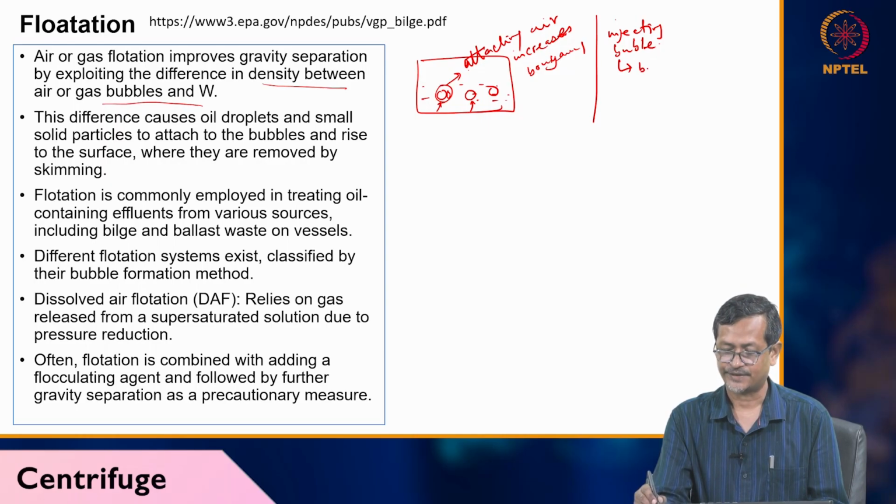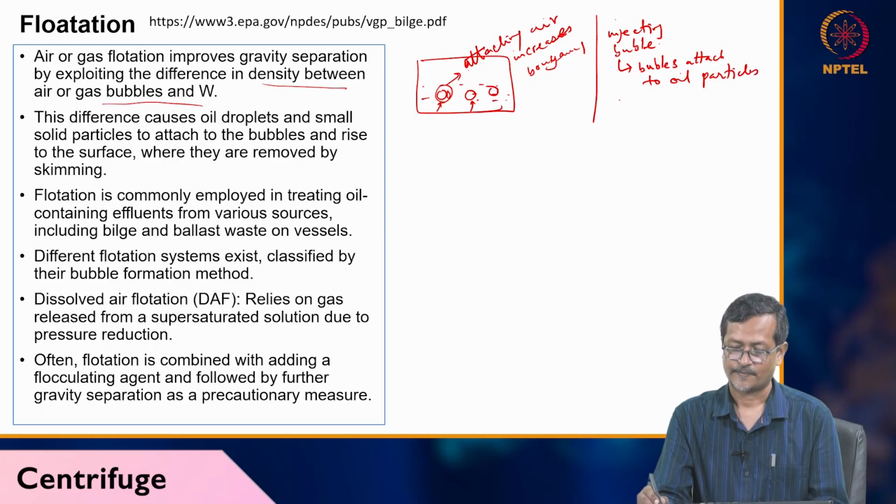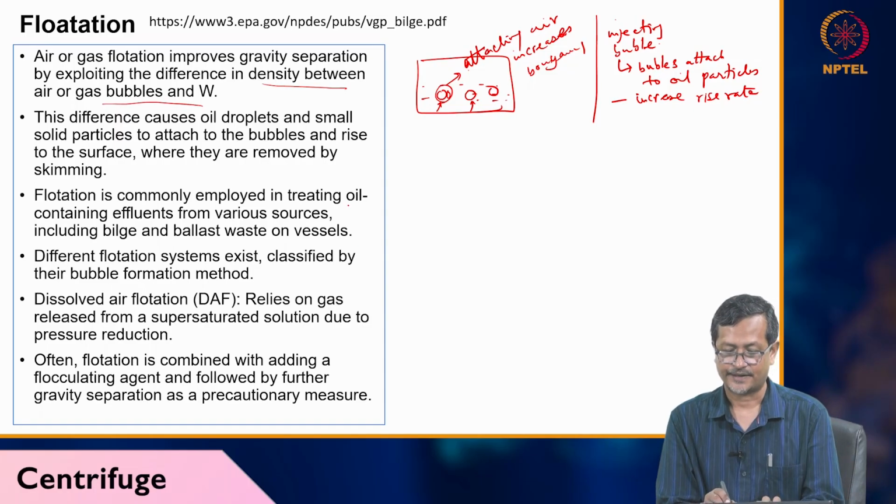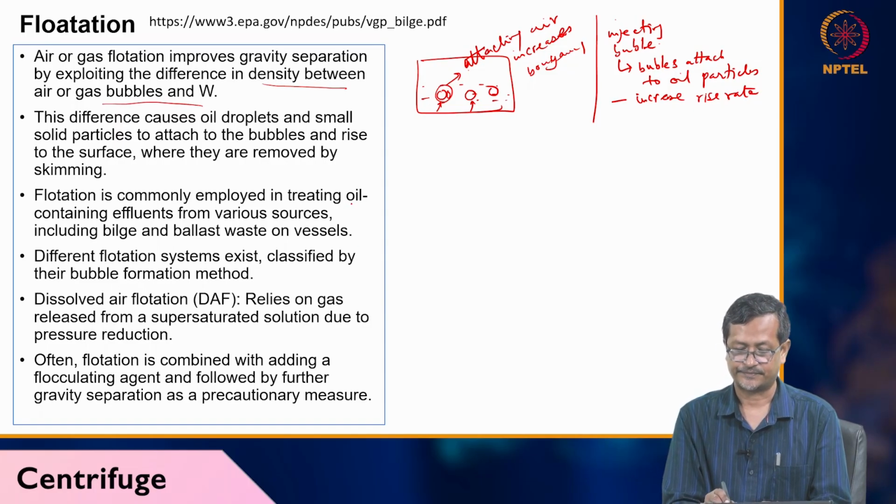The bubbles will attach to oil particles, then increase the rise rate. Gas bubbles attach to oil droplets and create larger aggregates that rise to the surface of the water.